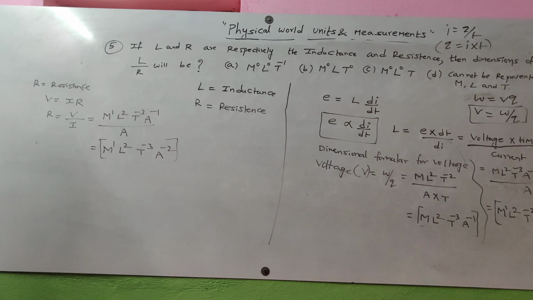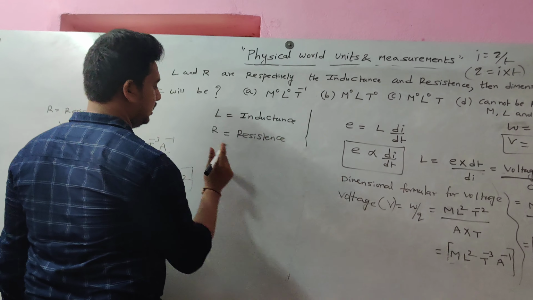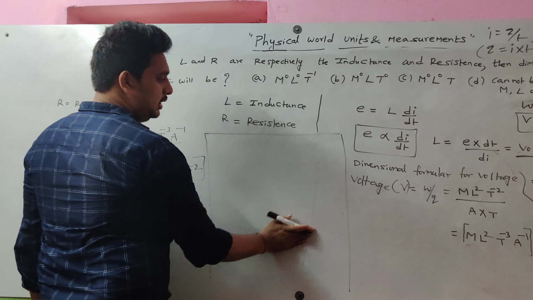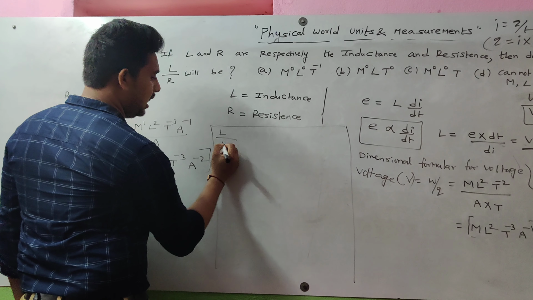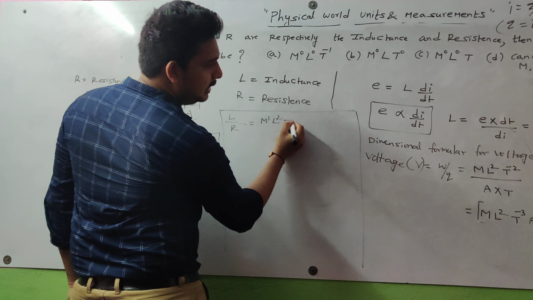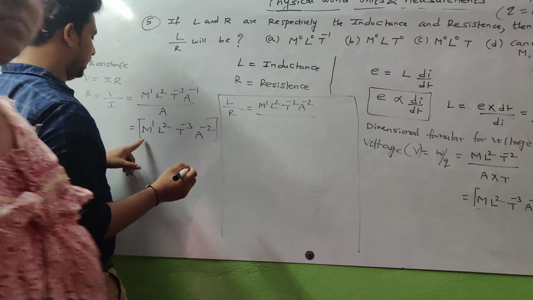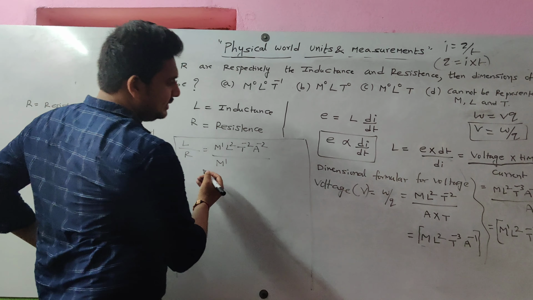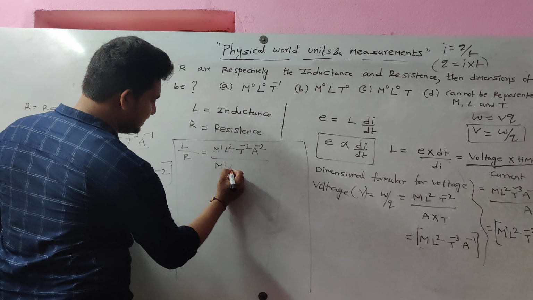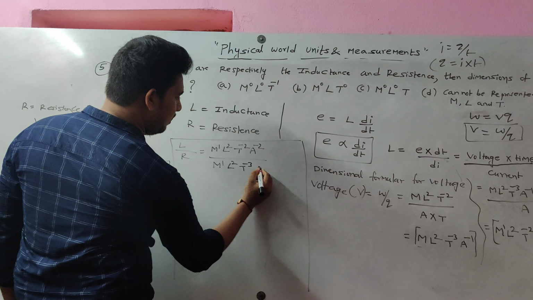Now we find L by R. We need to find the dimensional formula of L by R. L's dimensional formula is M power 1 L square T power minus 2 A power minus 2, and R's dimensional formula is M power 1 L square T power minus 3 A power minus 2.